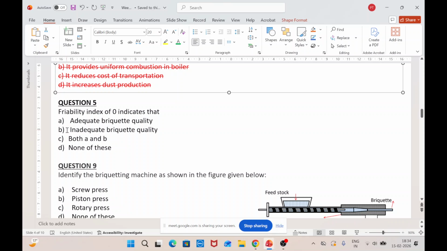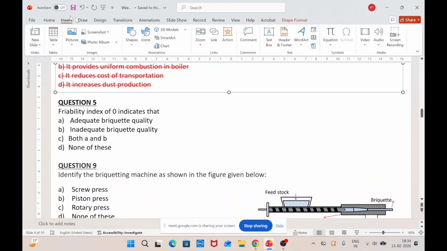Now what is friability index? Friability index is nothing but how much of the briquette material can be retained when it is sieved using a 20 sieve. That is what is called friability index.